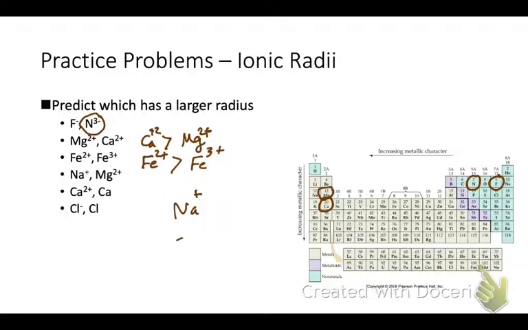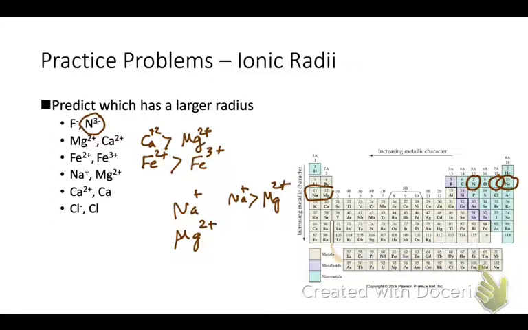Sodium +1 and magnesium +2. I'm going to erase this here for a second. These are isoelectronic with neon, right? So what I know is the higher the positive charge, the smaller the atom. So sodium cation will be larger than magnesium cation.